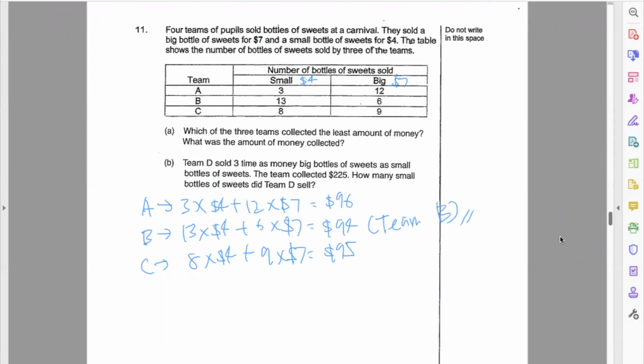What was the amount of money collected? The amount of money collected is $94. So the second part of the answer will be $94.